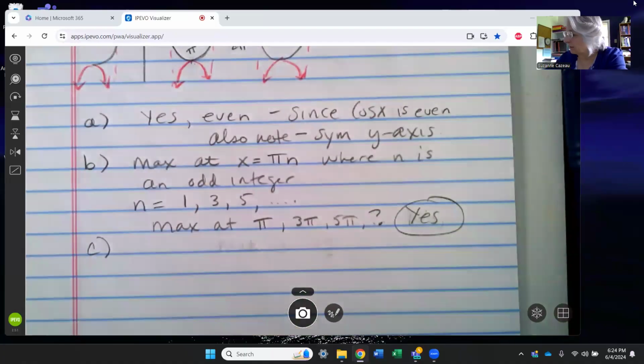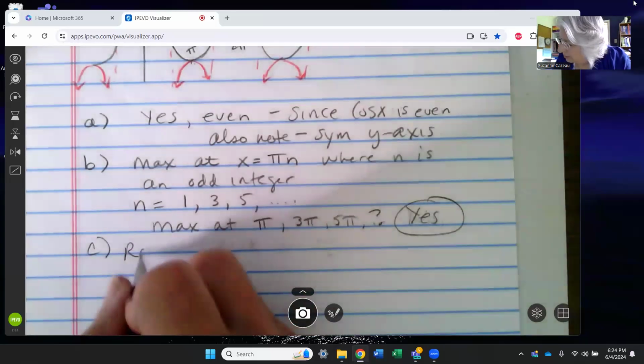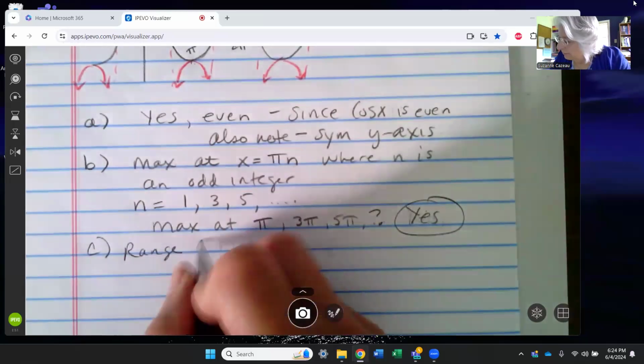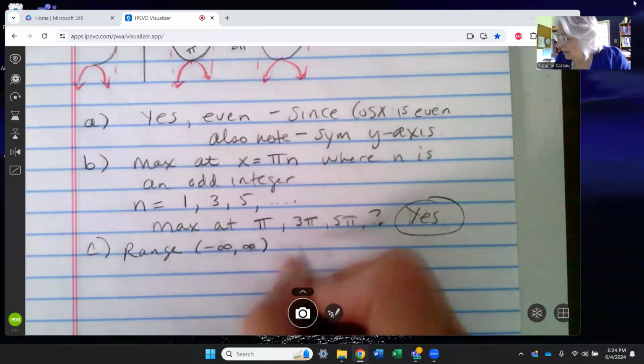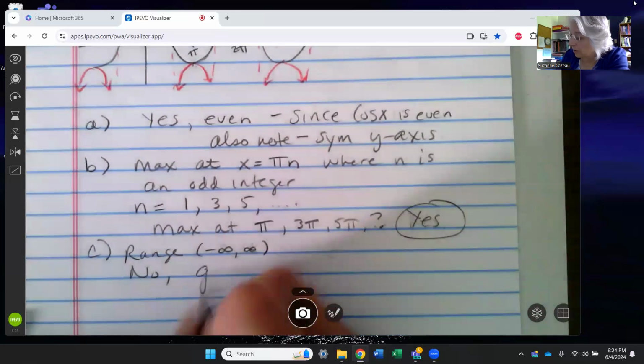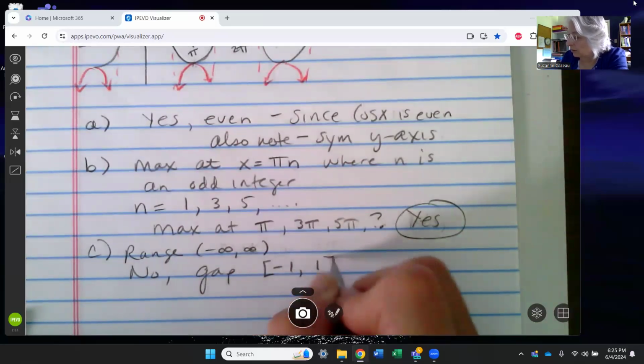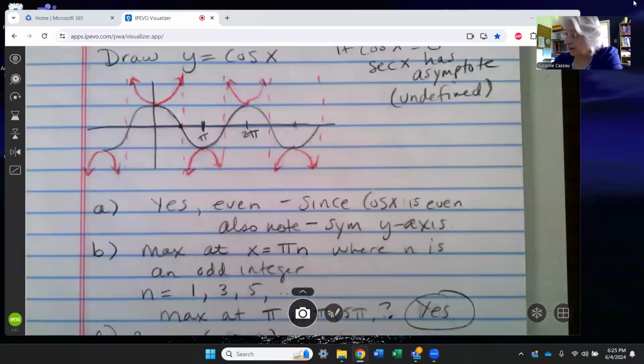Let's keep going. Part C. Is the range negative infinity to infinity? And the answer is no. That one's easy because there's a gap between -1 and 1. It goes down forever, but then it stops.